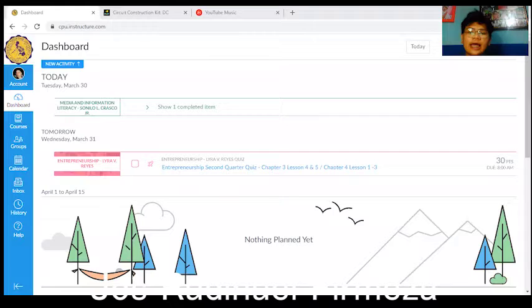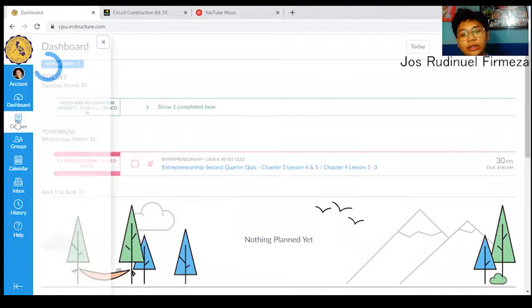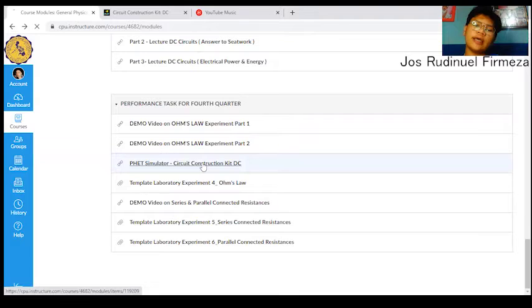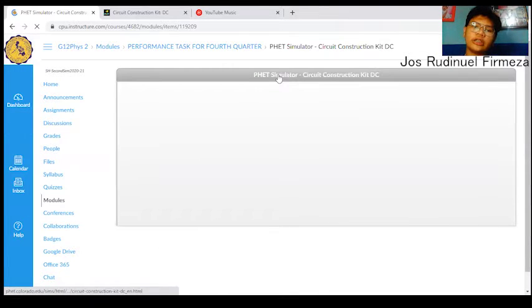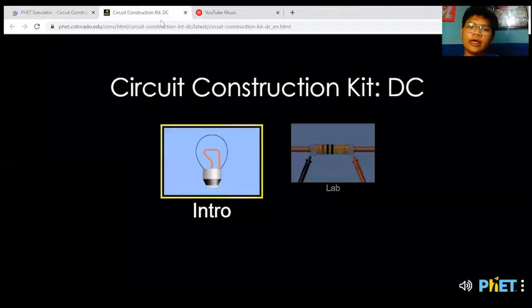After that, they should open their Canvas account, look for physics in their courses, and then look for the modules. Then they should click the PhET simulator and wait for it to be fully loaded.